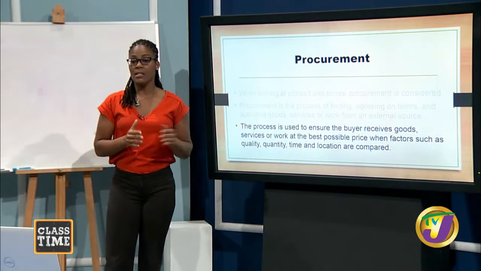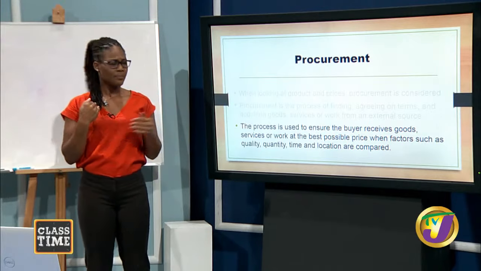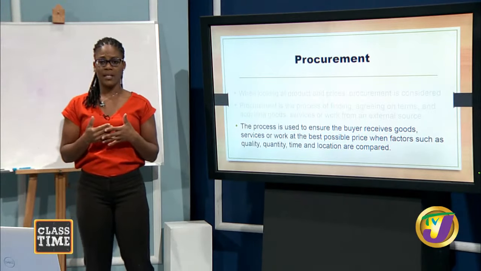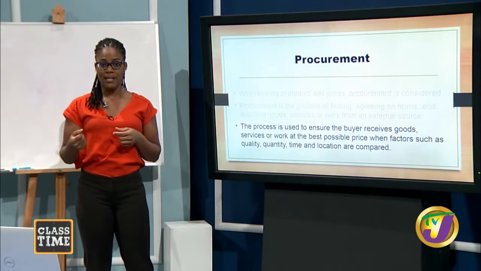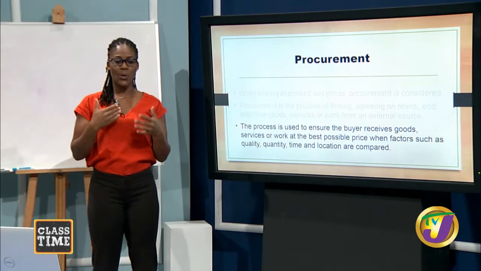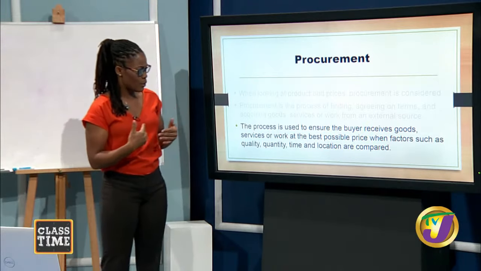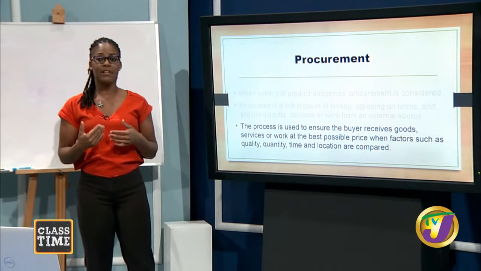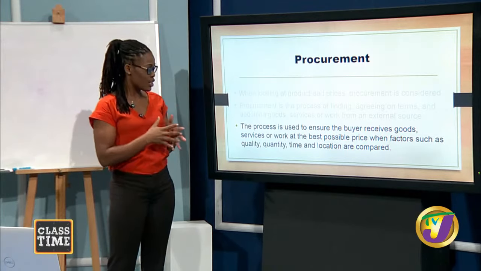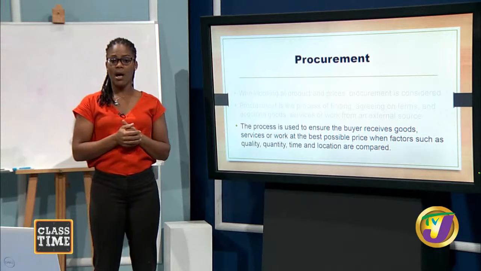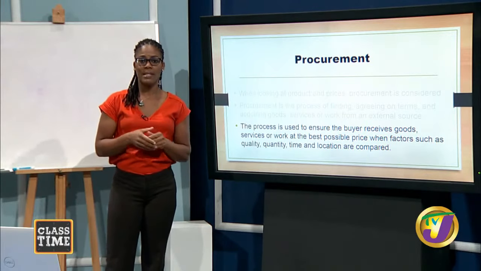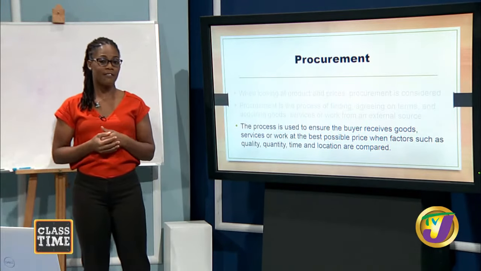So most businesses will have what you call a procurement committee. This is a group of persons, mostly drawn from different departments in the business, who sit together and go through quotations from different suppliers. So you're looking at things such as price, as I said earlier, the quality that the products will be made from, how soon the products will be delivered, what quantity they have available.